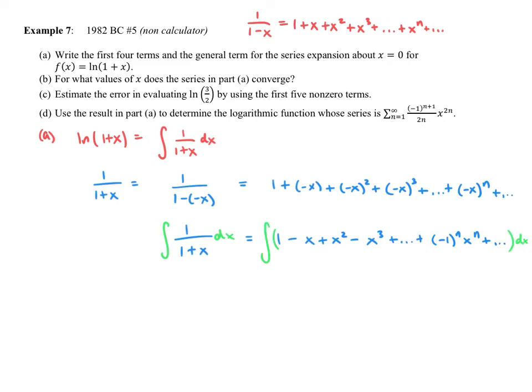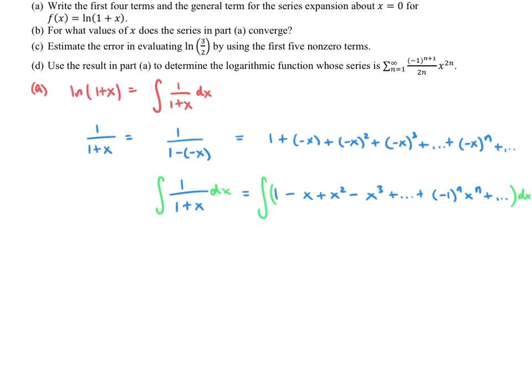And we know that the antiderivative of 1 over 1 plus x is going to be the natural log of 1 plus x. And then we're going to take the antiderivative of every part of this polynomial. So the antiderivative of 1 is x, and the antiderivative of x is x squared over 2, and x cubed over 3, and x to the 4th over 4, and so on.